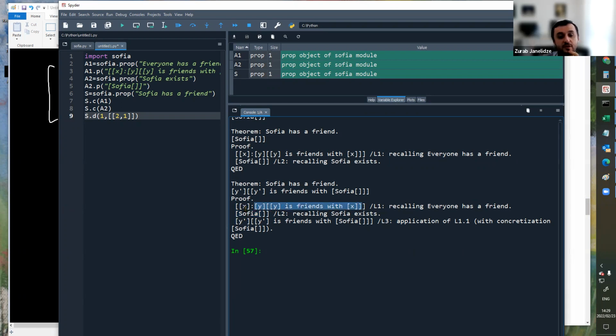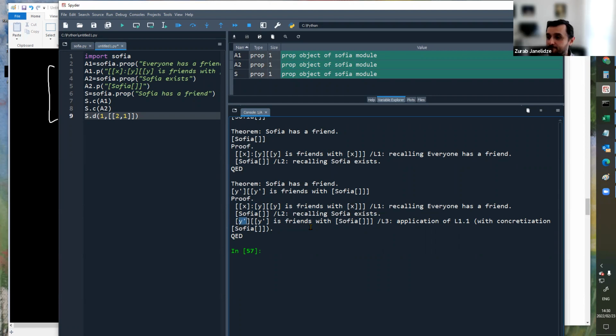So since in the first line we said that whenever I have this, I can also get this, right? But now the thing I have is Sophia. So I can get this second part, for x being equal to Sophia. And that's what we see here. However, something interesting happened. The variable y now became y prime.